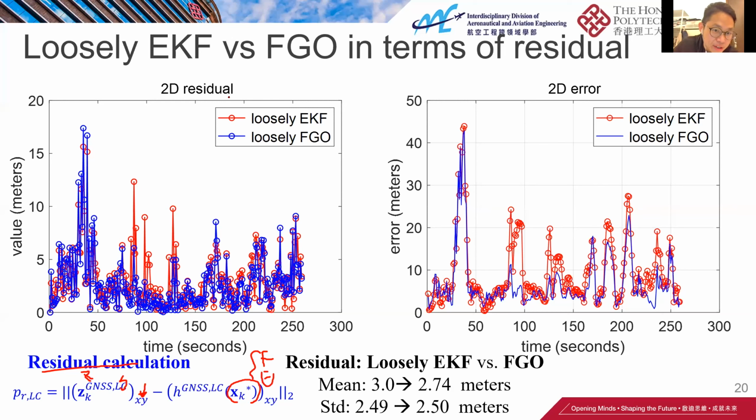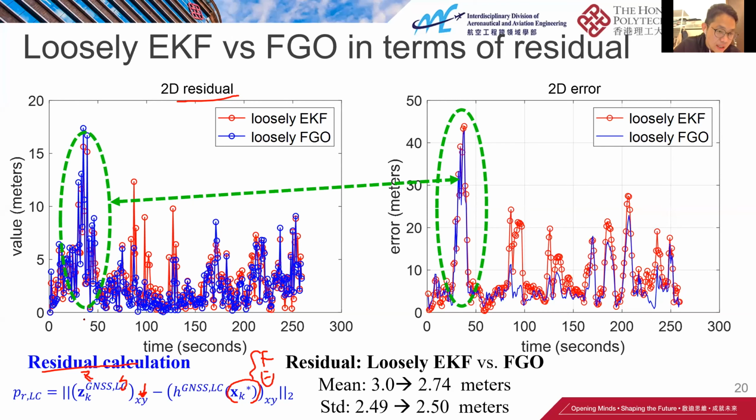On the left-hand side, this is the residual in the position domain. The blue one is FGO, the red one is EKF. We observe that over the first 50 epochs, our error is big, but our residual is also big. What does it mean?